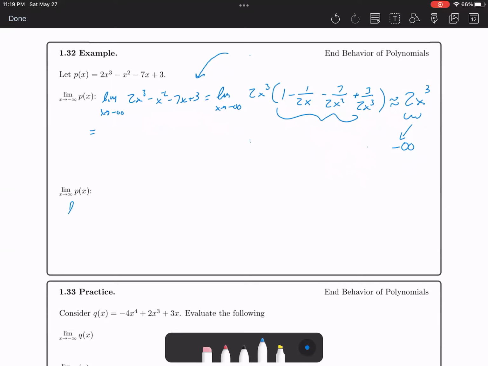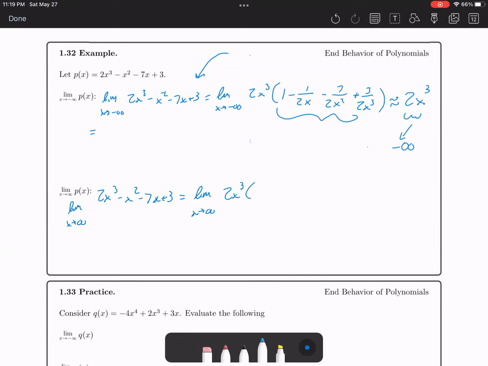So here we have the limit as x approaches positive infinity of our function 2x cubed minus x squared minus 7x plus 3. And we'll employ the same trick. We'll factor out the 2x cubed.